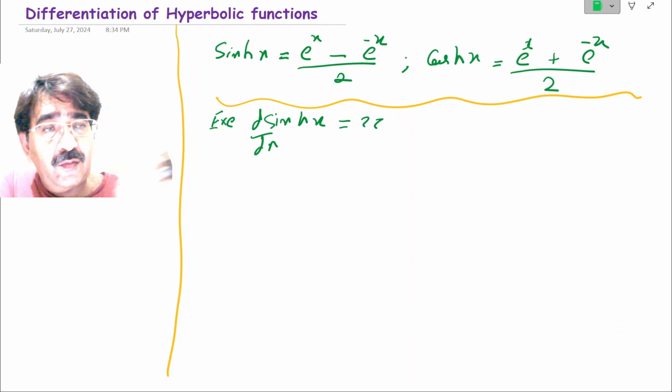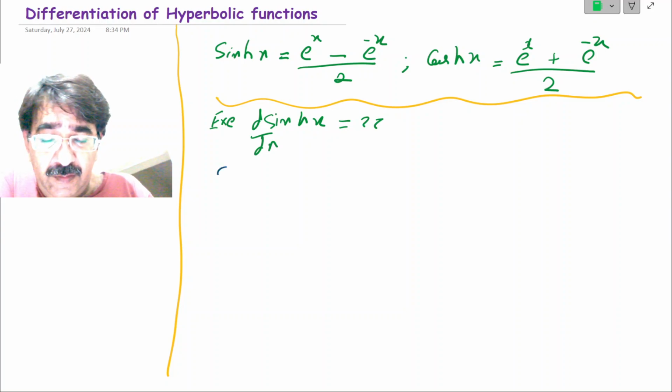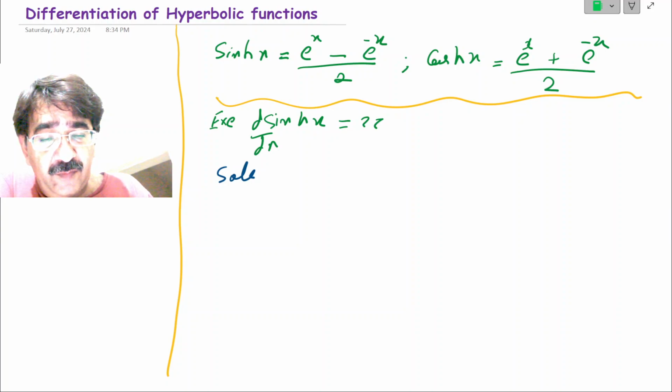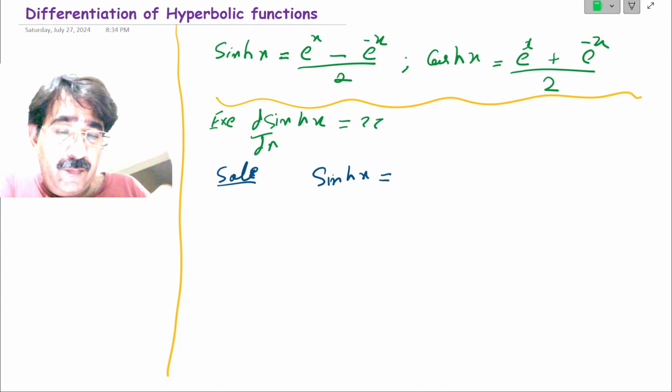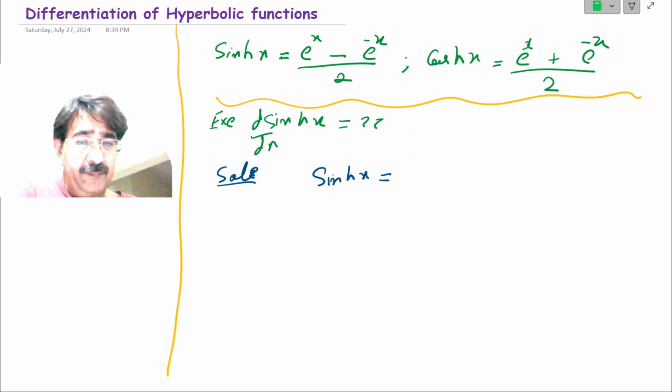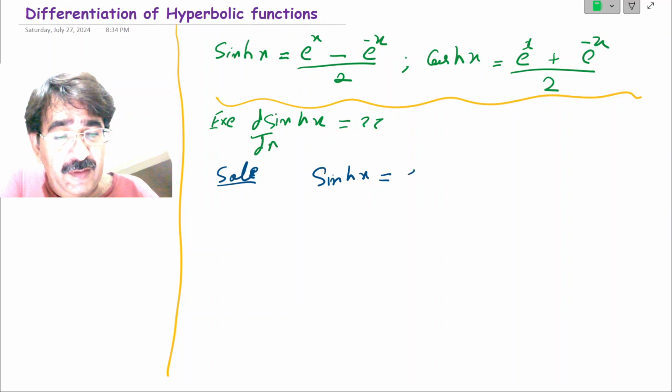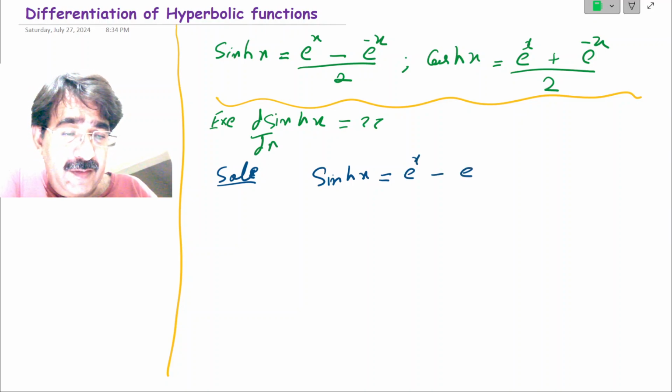To find the solution, as we know that sinh x is equal to (e^x minus e^(minus x)) divided by 2.